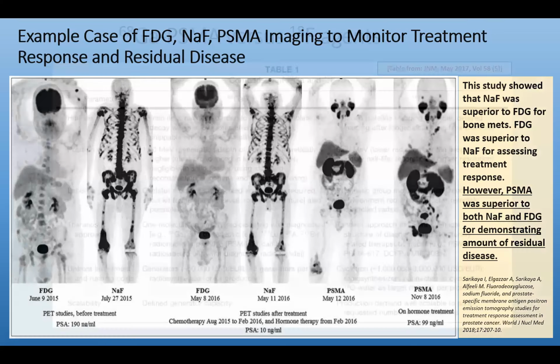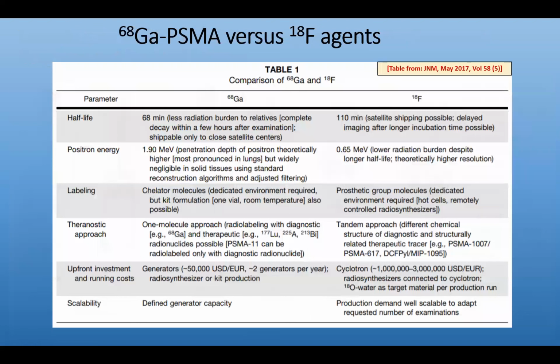This is just a review chart taken from an article in the JNM, just comparing gallium-68 to fluorine-18, either in the form of FDG or the DCFPyL agent, just showing you some of the key differences between gallium-68 and fluorine-18. Probably the most significant one is that gallium comes from a generator, right?